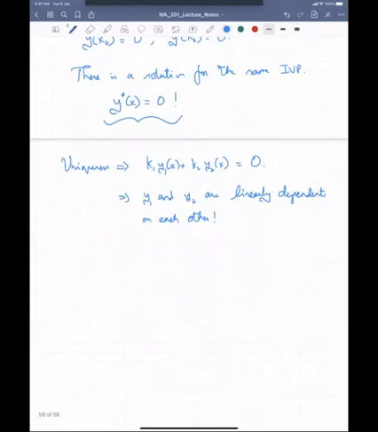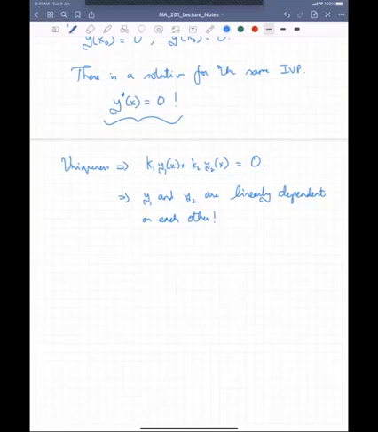But once I write down k1 y1 plus k2 y2 equals 0, at any point x, all I'm saying is that y1 and y2 are linearly dependent because I have non-zero k1 and k2. So what does this mean? This means that the knowledge of the Wronskian being equal to 0 at one point x is equal to 5 guarantees that y1 and y2 are linearly dependent on each other in the entire interval.